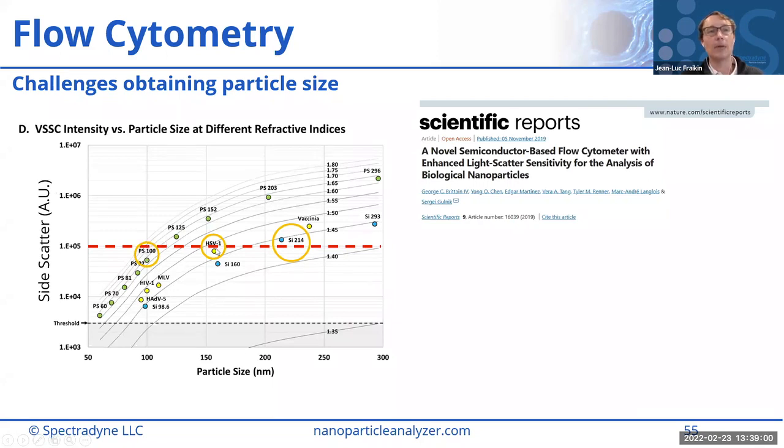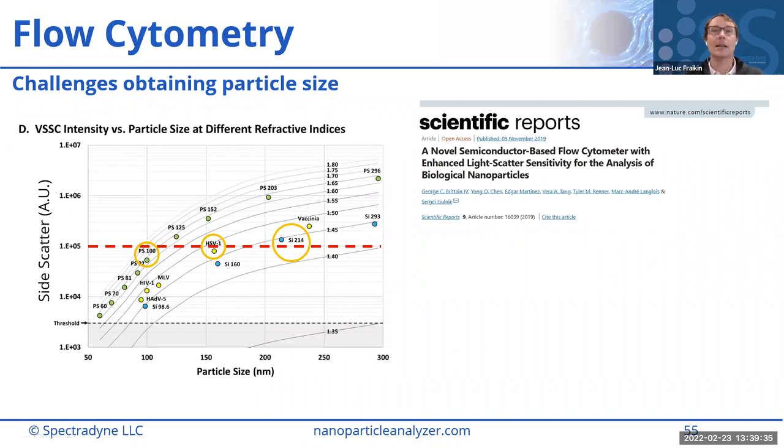But if you don't know, or if your sample is an optically heterogeneous sample, then if we measured 1 × 10⁵ arbitrary units of side scatter, we wouldn't know a priori if we're measuring a 100 nanometer polystyrene bead, or herpes simplex virus, HSV, or a silica particle that's 200 nanometers in diameter, right? And we need some other method in order to understand what these particles are.